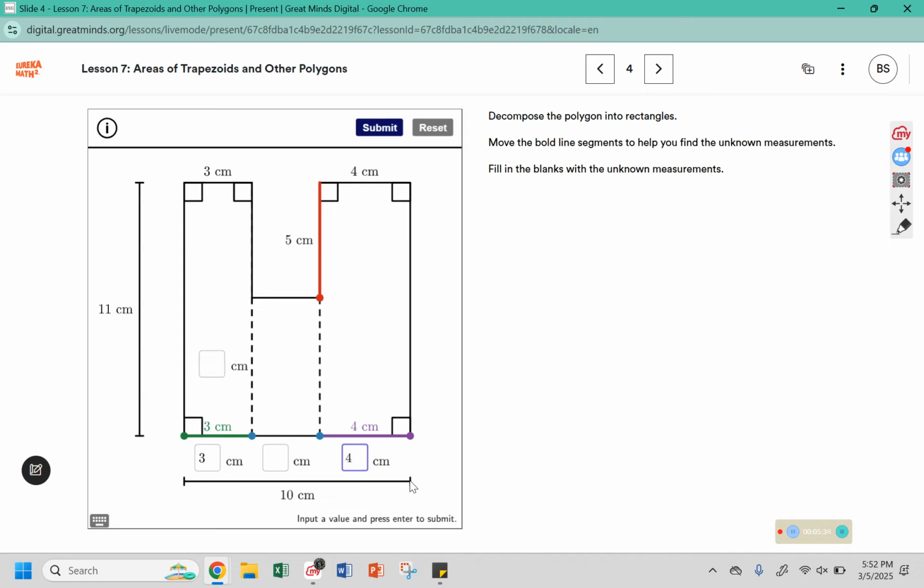This whole thing is 10. I have taken out a chunk that is 4 and a chunk that is 3. 10 minus 4 is 6. 6 minus 3 is 3. So this middle chunk must be equal to 3 for all of the pieces to add up to 10. 3 plus 3 plus 4 makes 10.